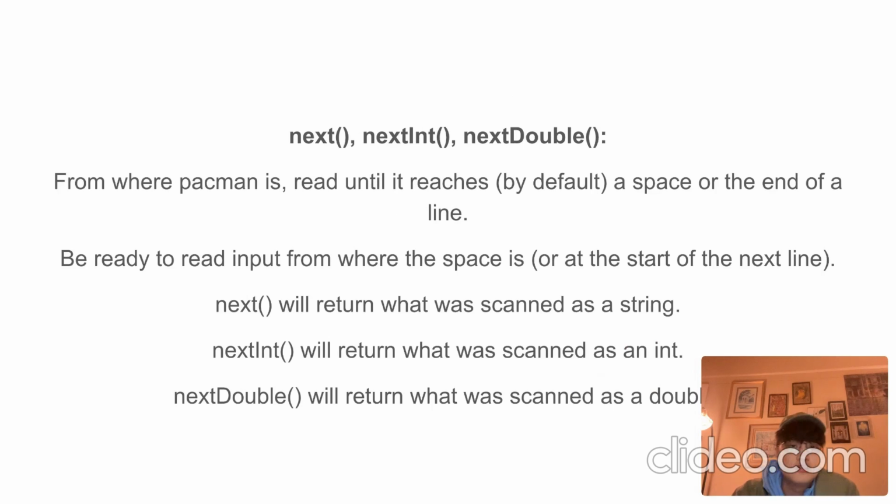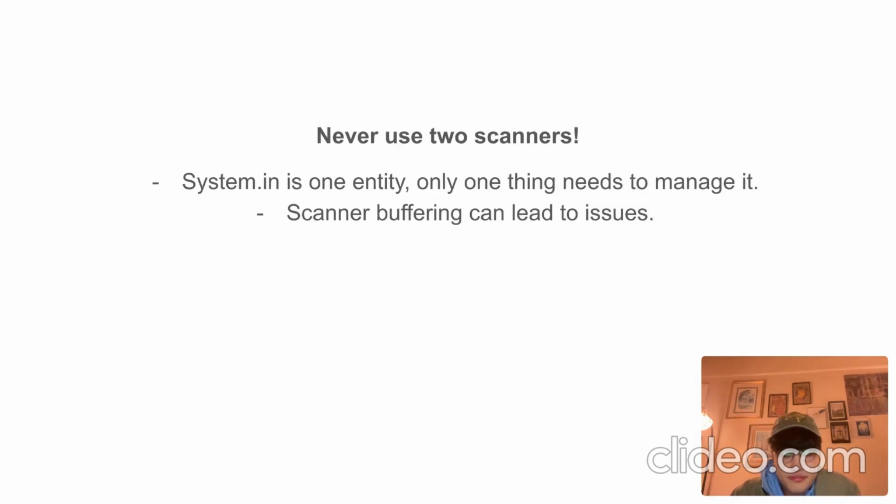One more side note, and again, I'll cover a real code example in IntelliJ in a second, but you should never really use two scanners or multiple scanners. One, logically, if you think about it, System.in is just one entity. You only have hopefully one terminal for your program. So if you have two scanners, it's like you're observing the same one entity with two separate things, which is super hard to keep track of.